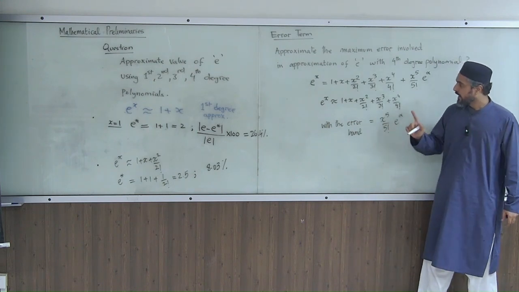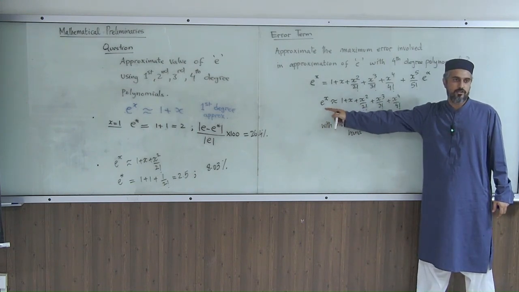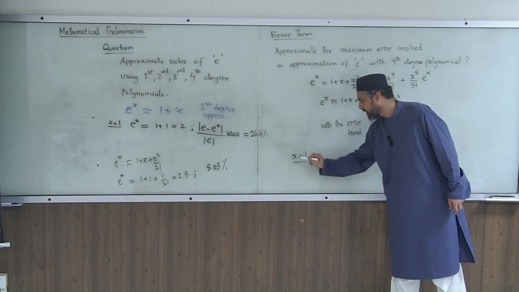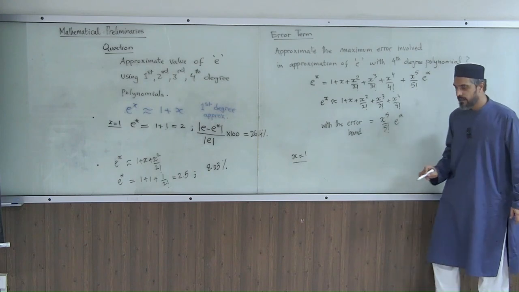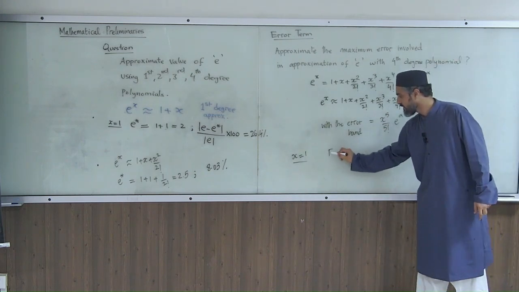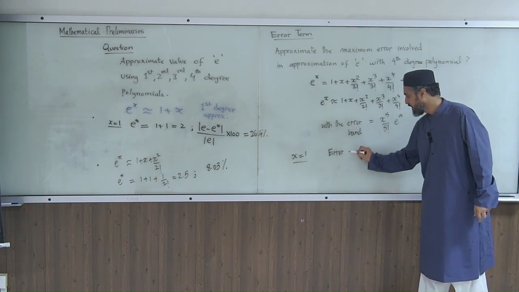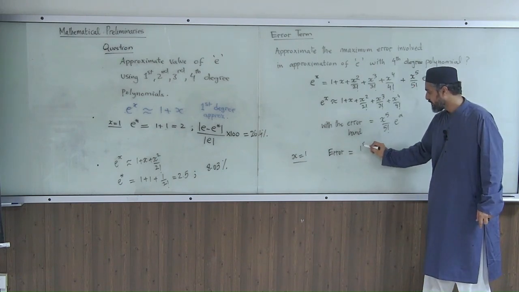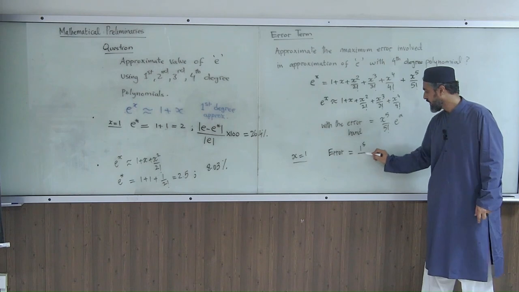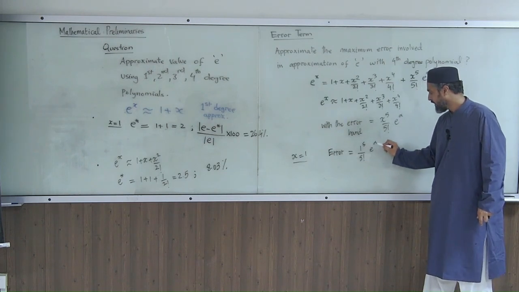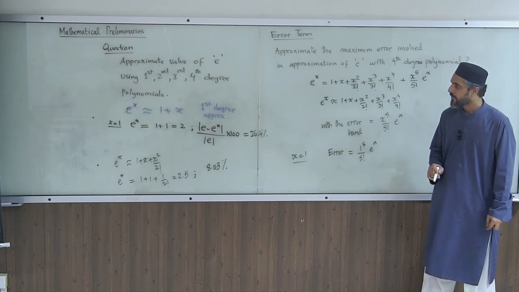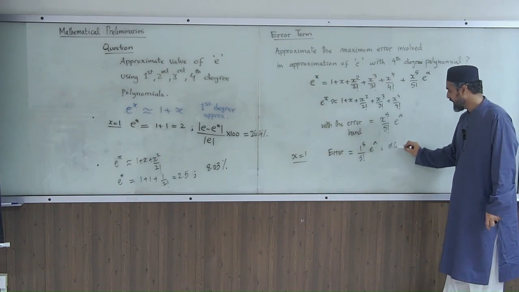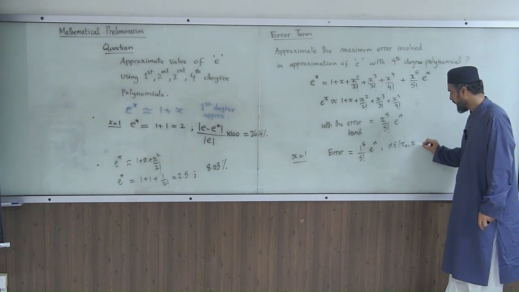Okay, so when I try to approximate e, what is the value of x? It is 1, okay? And if I see the error term, the error is equal to, let me just write equals to, 1 power 5 over 5 factorial e power alpha. What is alpha? Alpha, if you remember, is a number between x naught and x.